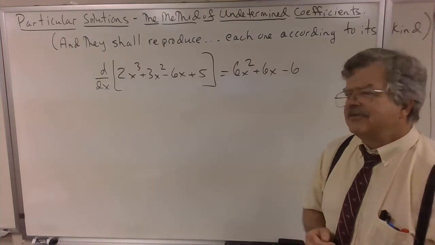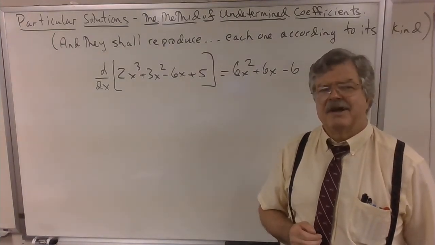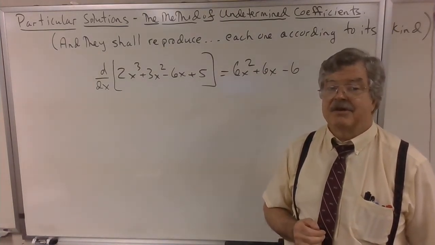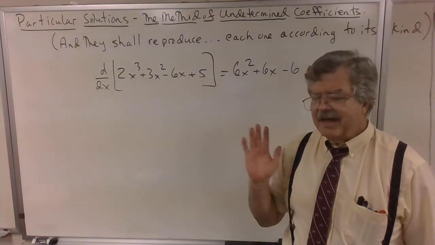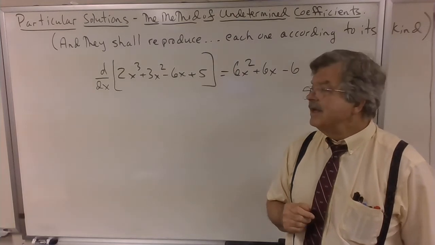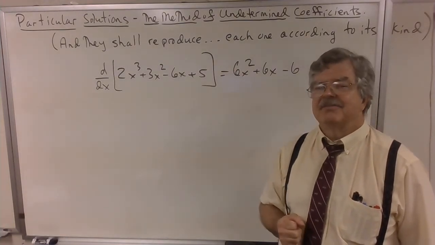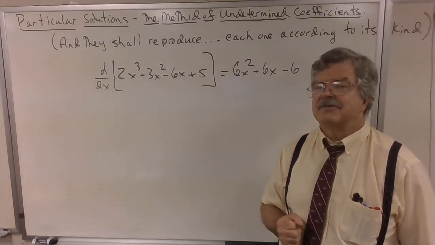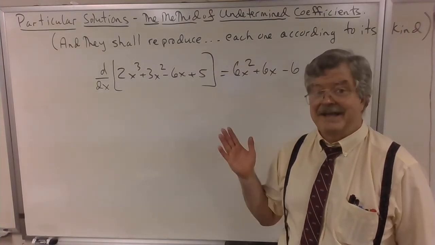If you want to get sine of x and cosine of x by computing the derivative of some function, that function better contain sine of x and cosine of x. And if you want e to the x by computing the derivative of some function, that function better contain e to the x.